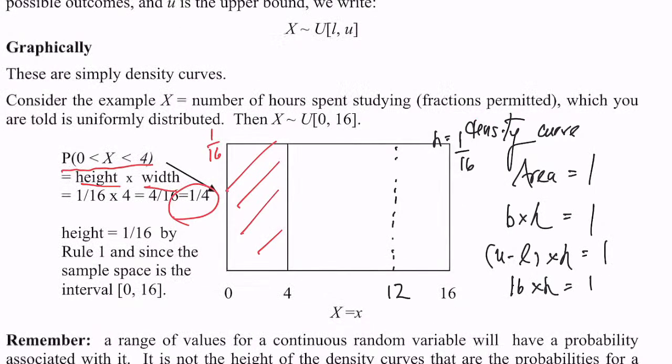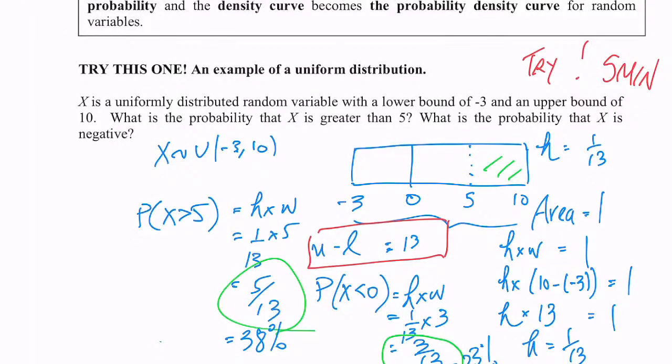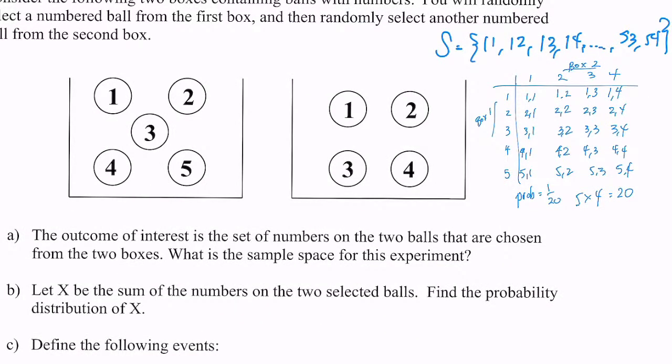So I'm going to ask you now, is this distribution discrete or continuous for x? Before I leave you to try and make that for yourself. Is x discrete or continuous? Is it a discrete or continuous random variable?